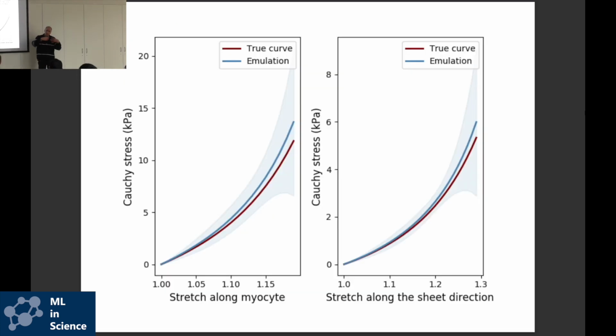True is actually what we get from the simulator again by fitting the parameters to the data using all the computational optimization in the space of the original model. So that is what is computationally expensive. And the blue line is what we get with the emulator. The shaded area is actually the 95% credible interval, because we can run MCMC simulations easily in the emulated space because it doesn't cost us anything. You see that the agreement is reasonable.